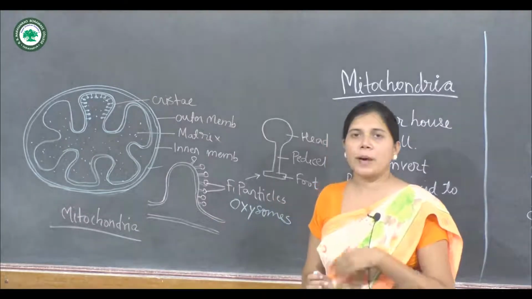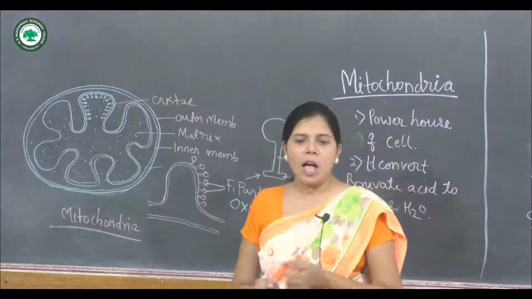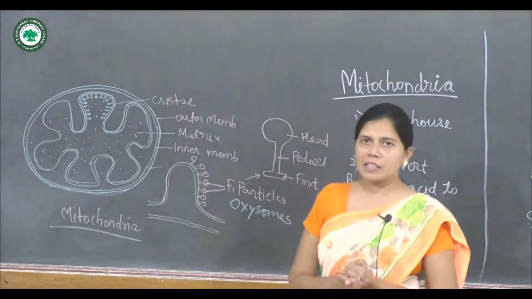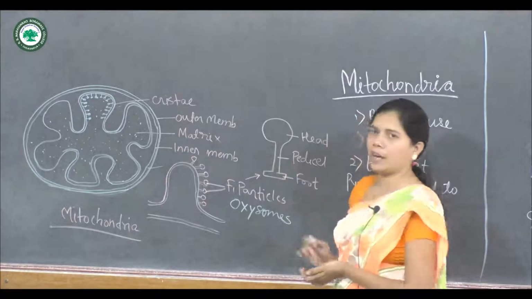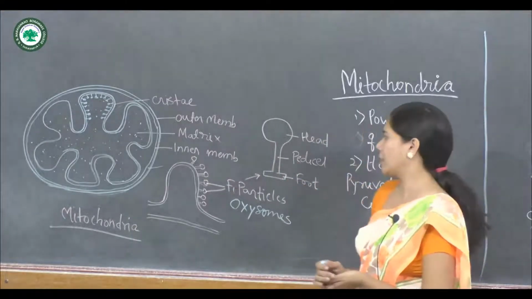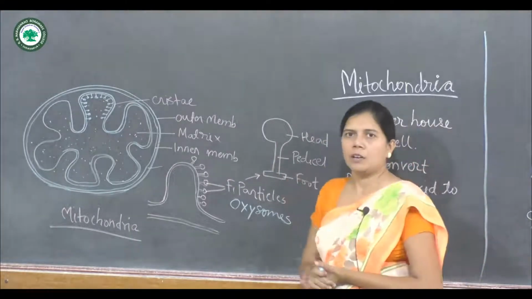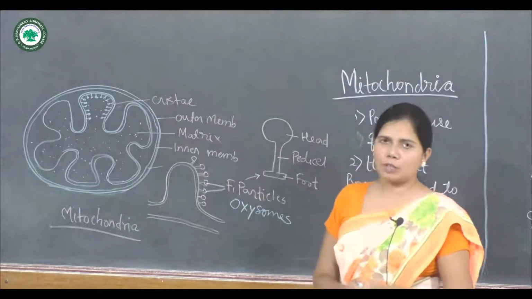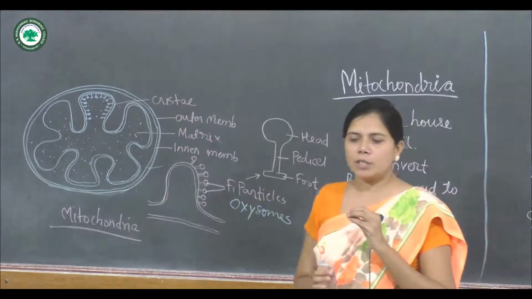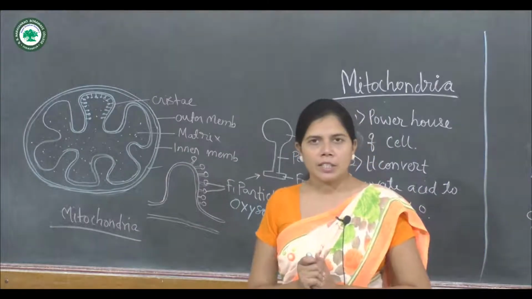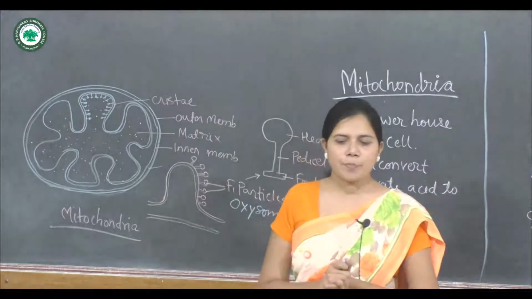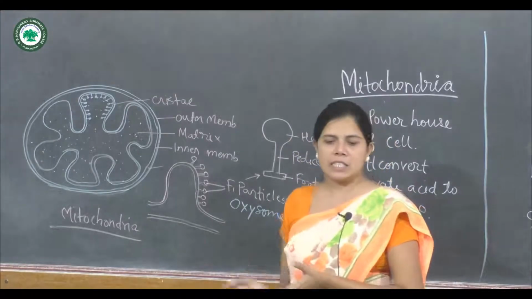Each particle consists of a head, stalk and foot, or we can say head, pedicel and base. This lollipop-shaped structure is the oxysome, and it is present in the cristae.